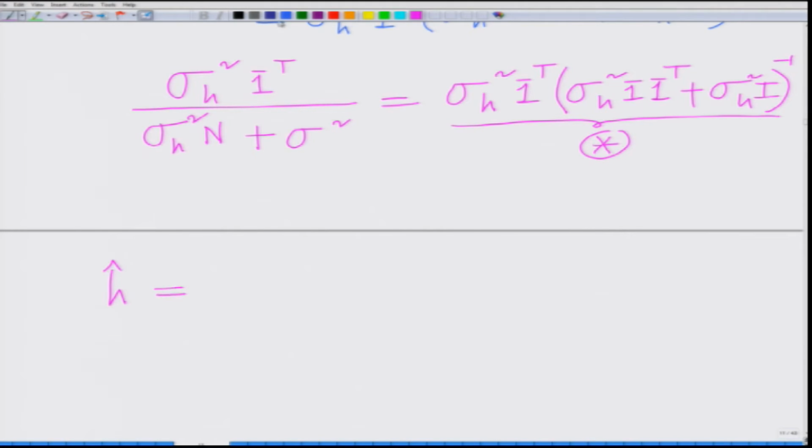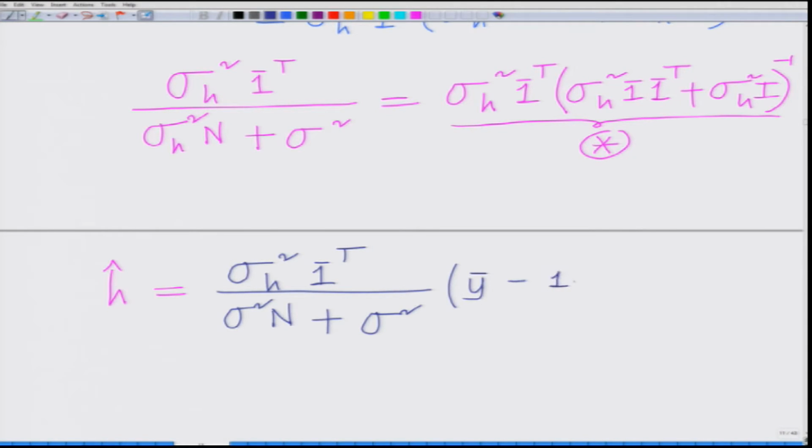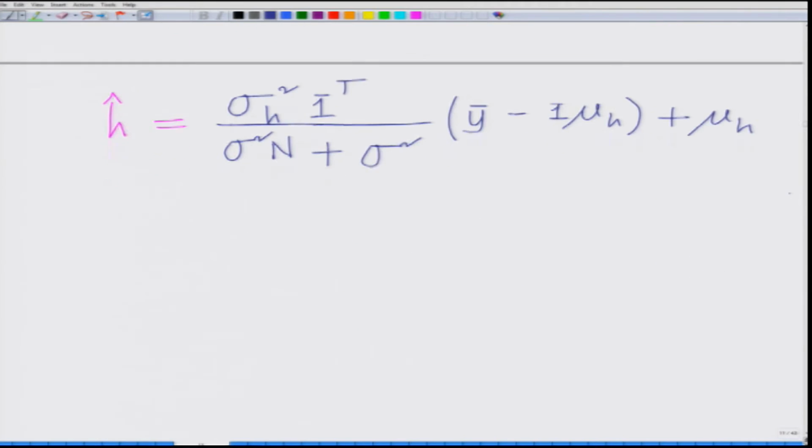So, in the earlier expression for H hat, I can replace the star quantity by our simplified expression here, and now the MMSE estimate for H hat can therefore be derived as sigma h square 1 bar transpose divided by sigma h square n plus sigma square times y bar minus 1 bar mu h, plus mu h. Okay. So, this is after substitution.